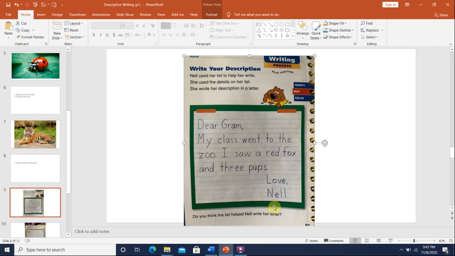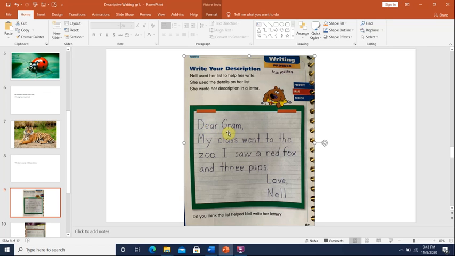What does a letter have? It has a greeting, a beginning. You greet someone or say hello to someone. So we must start a letter by saying dear, and then you write the person's name. You must start a letter by greeting with the word dear and the person's name.